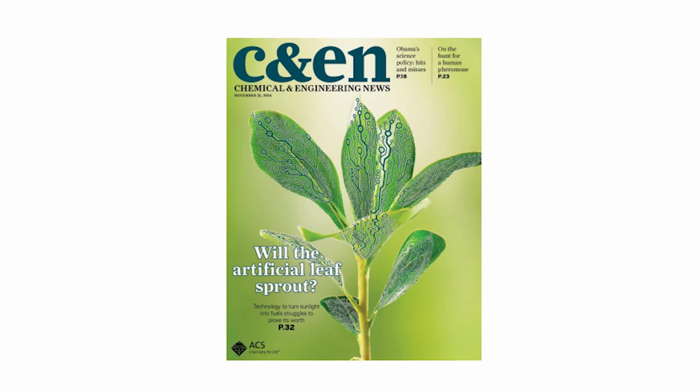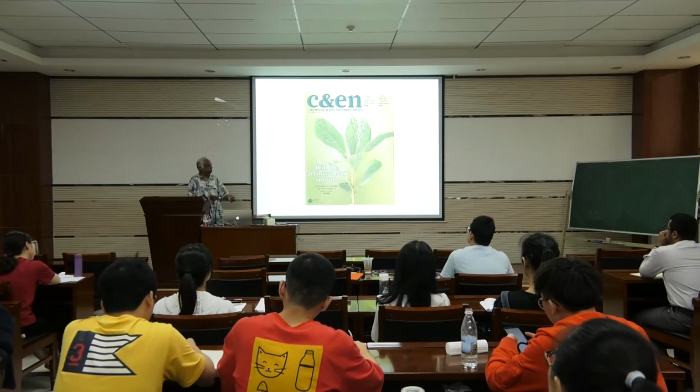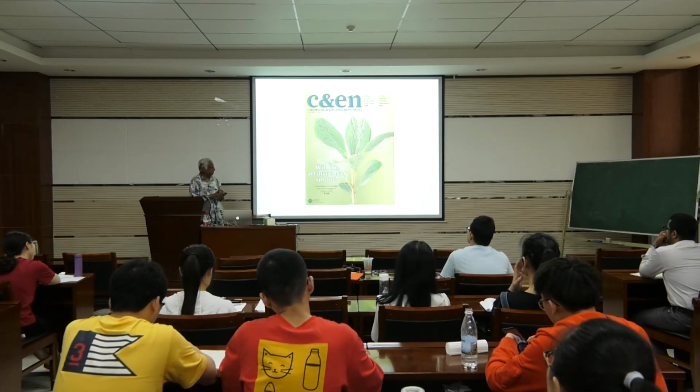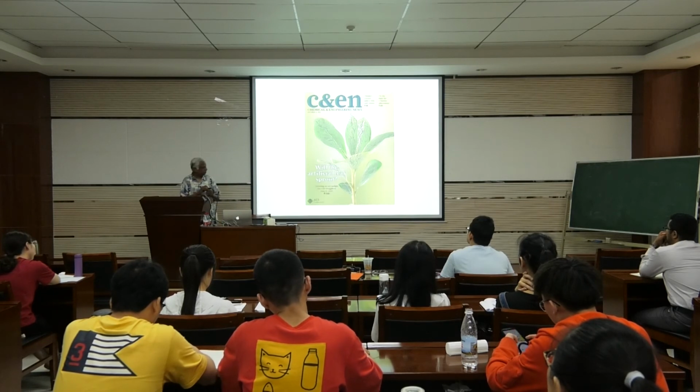But it's not that easy. Nobody can talk to the plant, and it is not going to tell you how it does it. So here is a leaf, supposedly an artificial leaf. Basically, if you have something you plant outside with all the circuit boards, and it can absorb the sunlight, and then you can make it, it's great.